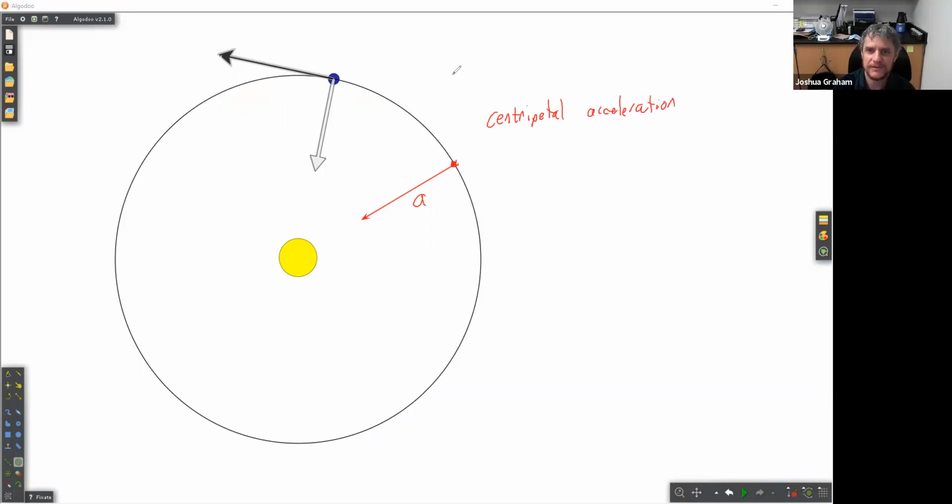Centra obviously means center, and petal comes from the Latin root word meaning seeking, so centripetal acceleration means a center-seeking acceleration, literally towards the center of the circle. And if we know an acceleration is centripetal, we put a little subscript C. So that's centripetal acceleration.